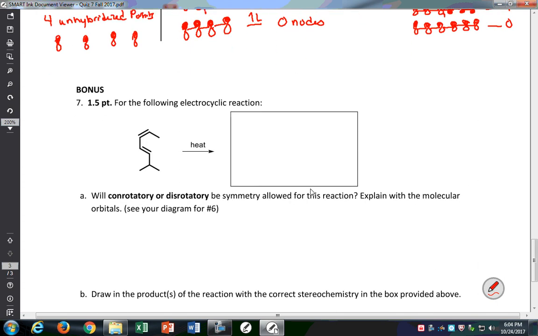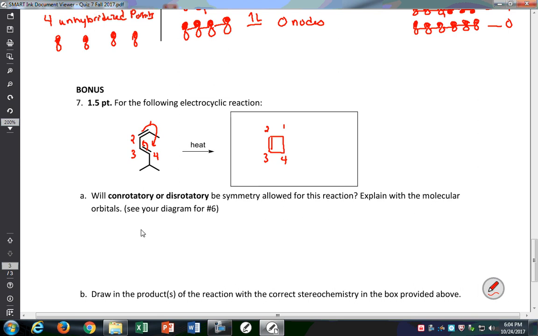So with the bonus, all we're doing, this is electrocyclic. So this is only a reaction between carbons 1 through 4. We're going to form a new bond between carbons 1 and 4. And then the double bond gets put between 2 and 3.